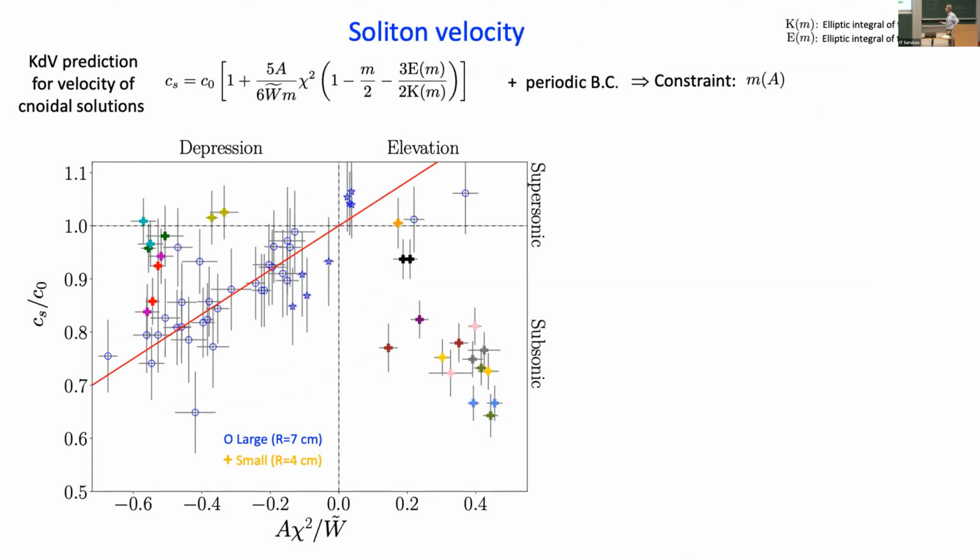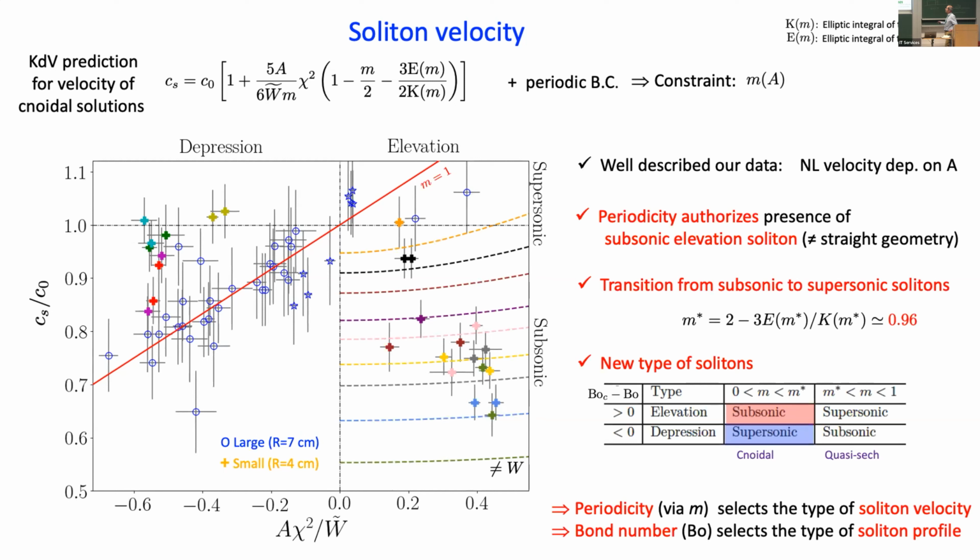Okay, so if you use the prediction of KdV for the velocity of the conoidal solution, you have this term here, and you need, as I told you previously, to add the periodic boundary condition linking m to the amplitude a. And if you do that, you can find this dashed line here that corresponds to different widths of the torus.